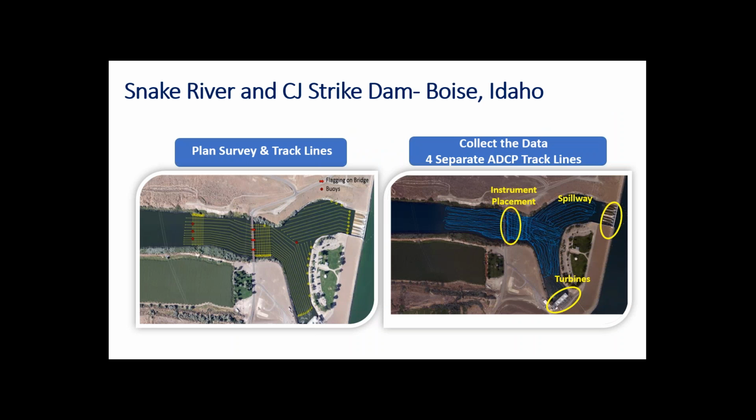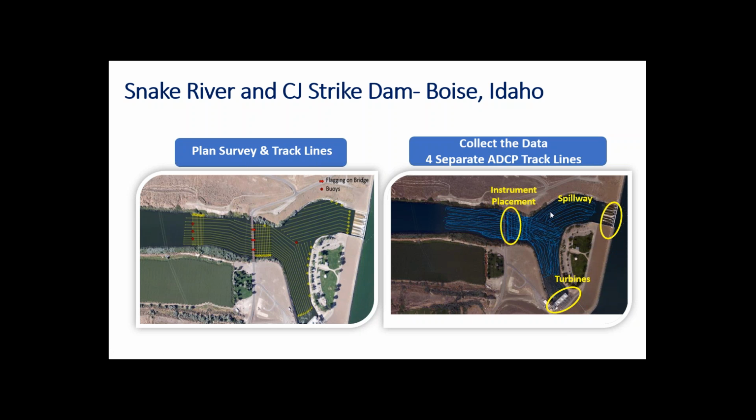Just to go through a quick step-by-step process, we will come in working with you to plan your survey. And these are true ADCP track lines on the right that have been collected. In this case, there were 4 separate ADCPs utilized to collect all of this data.